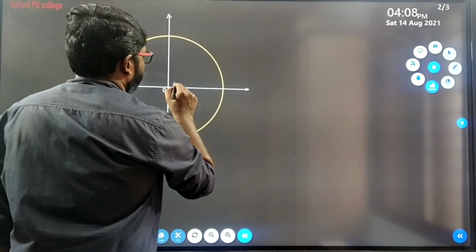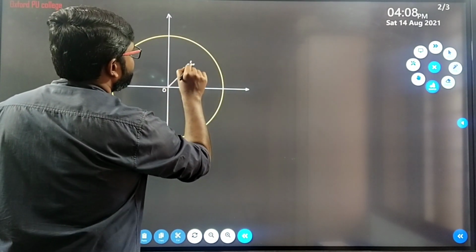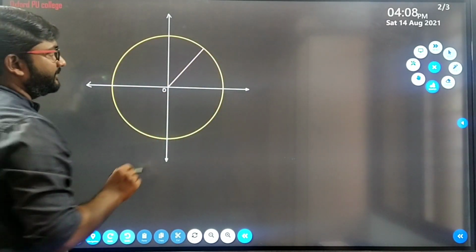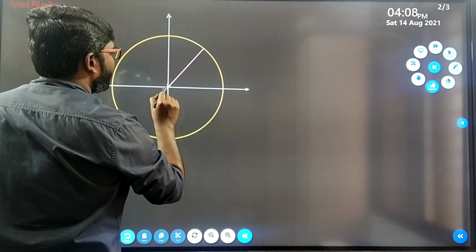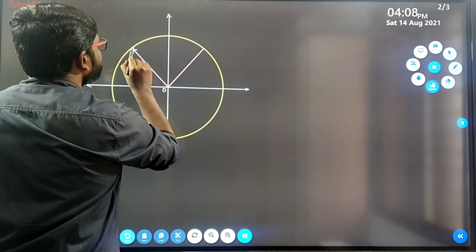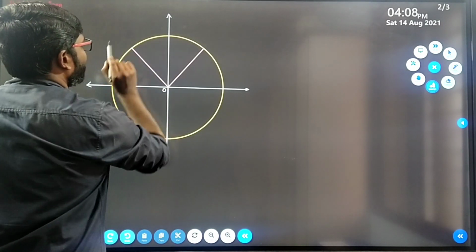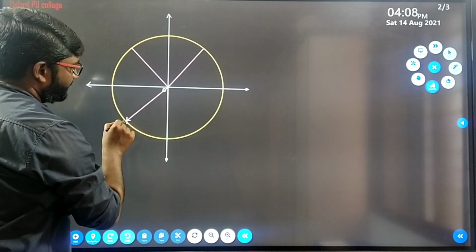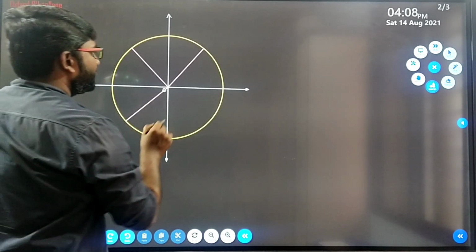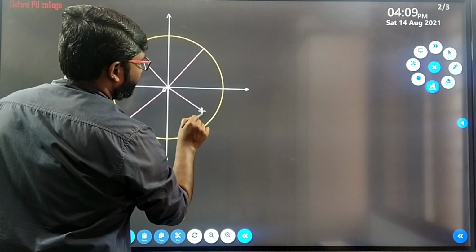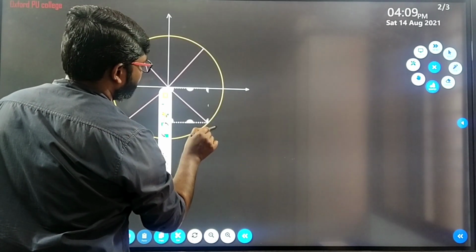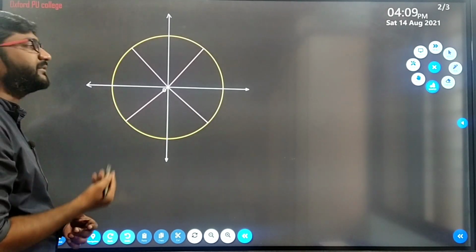So this will be the point P in the first quadrant. Then I will take another point in the second quadrant, one more point in the third quadrant, and another point in the fourth quadrant. Let us name them now.